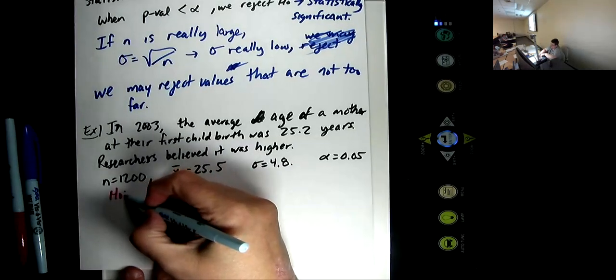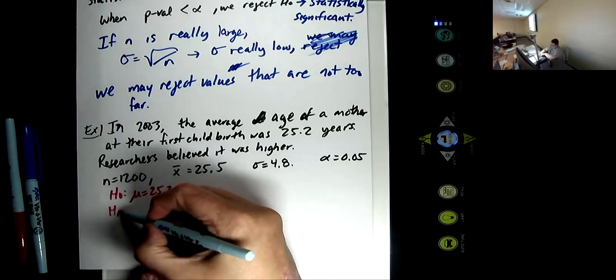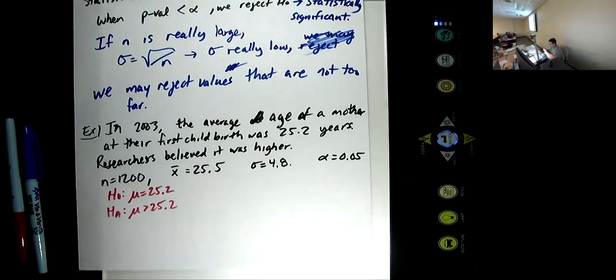H naught is mu equals 25.2. HA, they say it's higher, it's increased: mu is greater than 25.2.